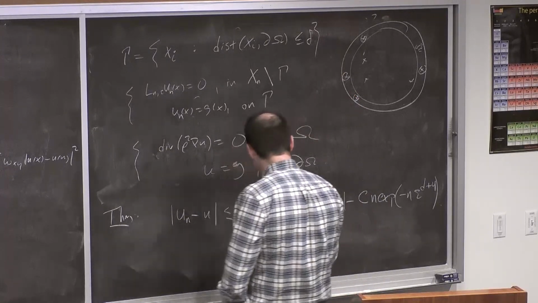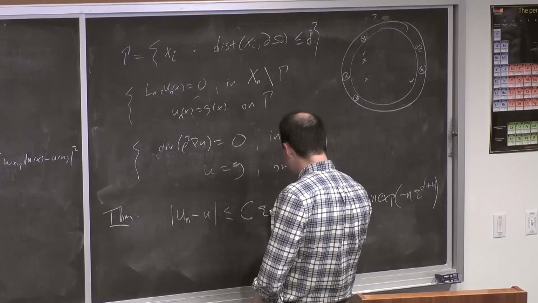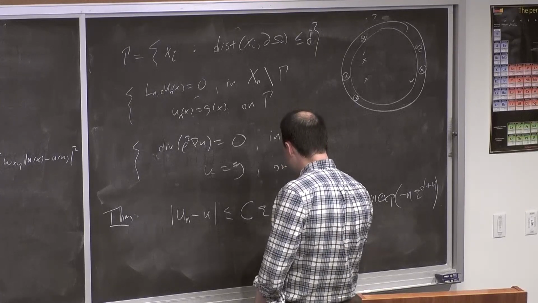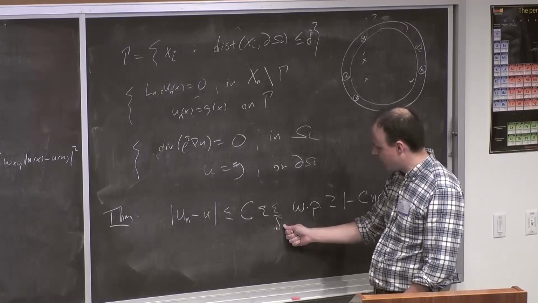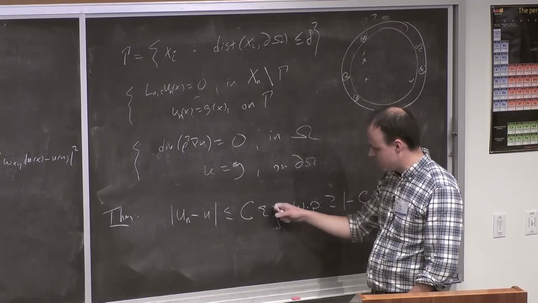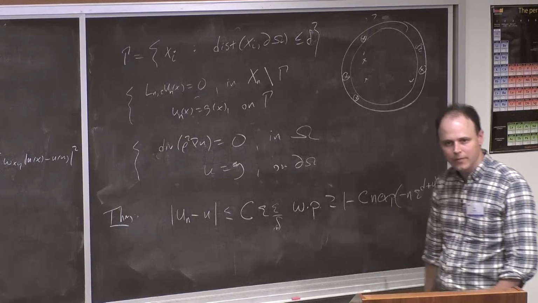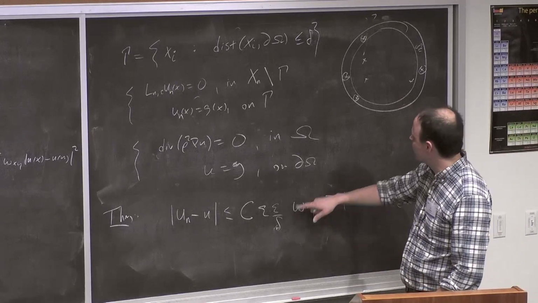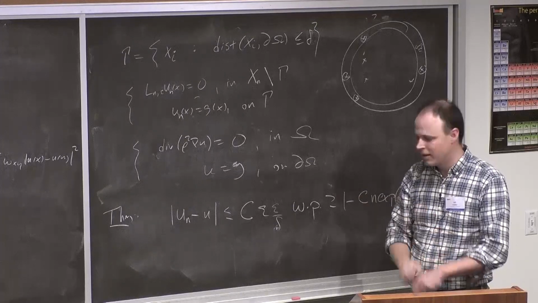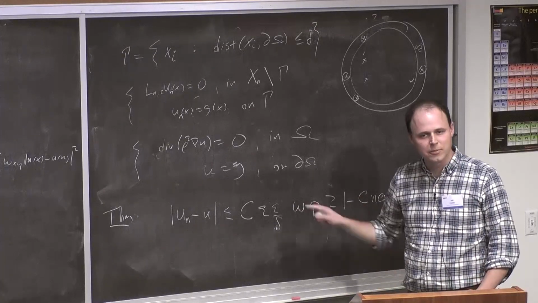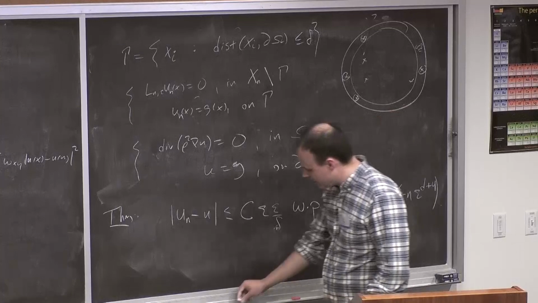And the error estimate becomes, say, this times epsilon over delta, essentially. Okay. You can take it all the way down to delta as small as epsilon squared before you lose the convergence rate. Okay. This is a lot harder to prove because you can't use pointwise consistency anymore because you go all the way up to the boundary, essentially. So this uses random walk arguments to prove this kind of thing.